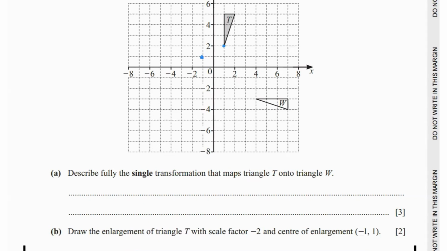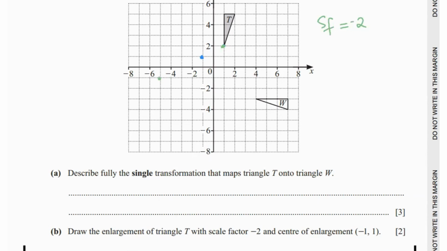Looking at the distance of this point from the center, it's 1 unit vertically and 2 horizontally. Because the scale factor is -2, it's going to be 2 vertically now, and 4 horizontally.